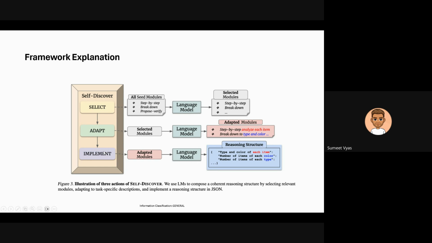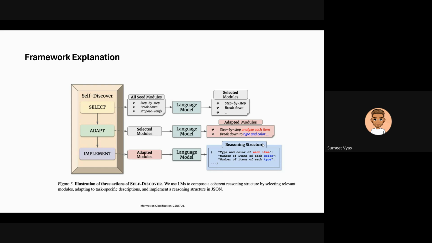And the third part is implement. Once you have the adapted modules, they go to a language model, and it will generate some sort of a reasoning structure based on them. In this paper, they claim that if this final reasoning structure is generated in JSON, they got a performance boost.